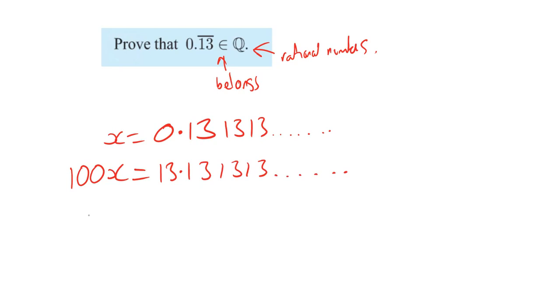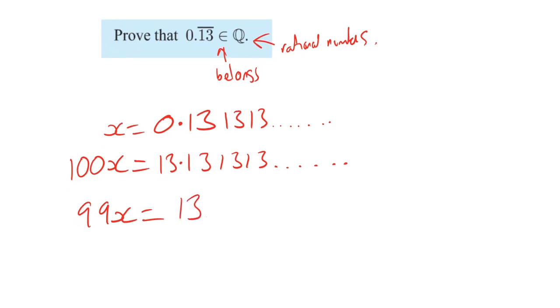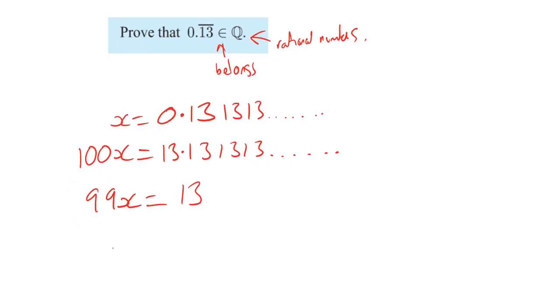Well, if that's true, then logic holds that 99x is going to be the 100x, take away the x. What that's going to do is clear out all of that reoccurring stuff. So that's just going to be 13. So that means now I could divide through by 99 and I could write my x as 13 over 99.